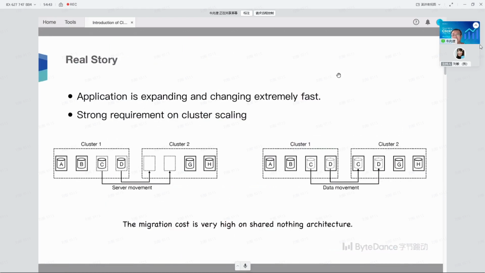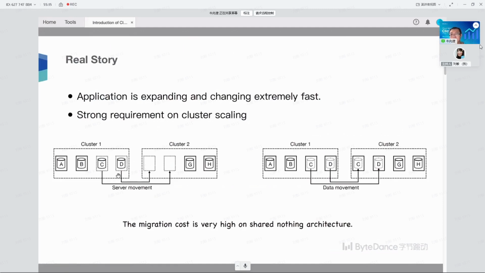Then let's take a look at some real stories internally. In ByteDance, applications are expanding and changing extremely fast, so we have a very strong requirement on cluster scaling. Let's take a look at two cases. First, the case shown on the left.